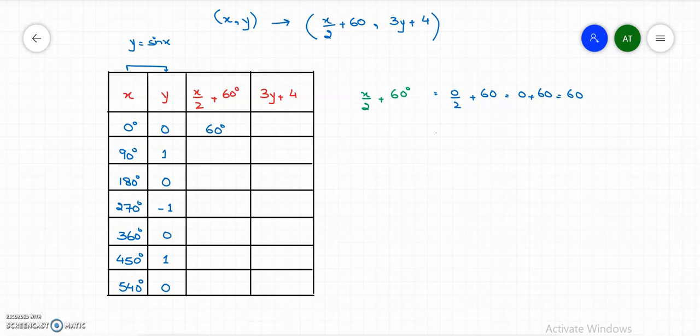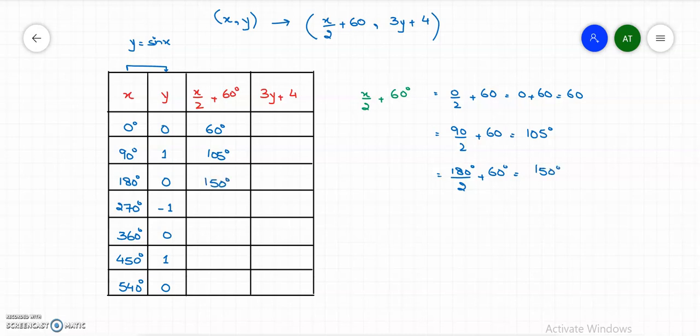Now the next x is 90, so we have 90 divided by 2 and then plus 60 degrees, which equals 105 degrees. The next x value is 180, so 180 degrees divided by 2 plus 60 degrees equals 150 degrees.